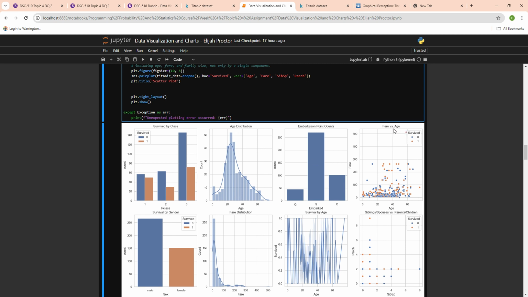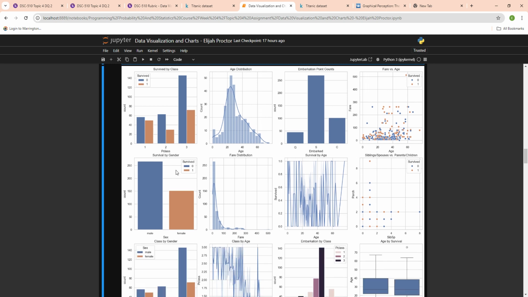We have our fare versus age scatter plot, which shows the ticket prices versus how old they were and whether or not they survived or died. It shows that those who were poorer were more likely to die than those who had more money and paid more for their tickets, which is pretty sad.